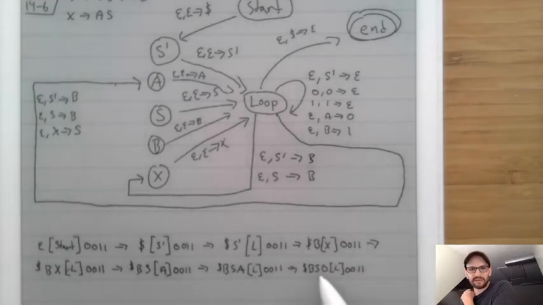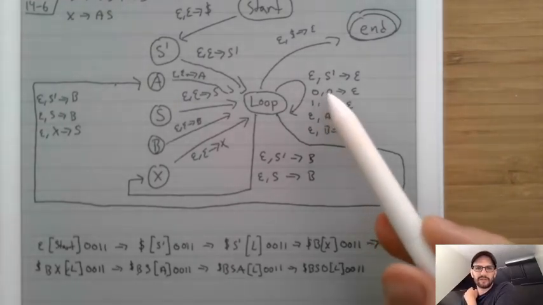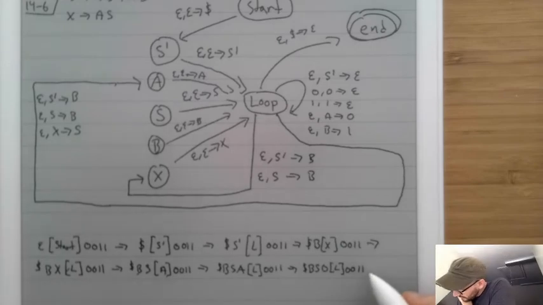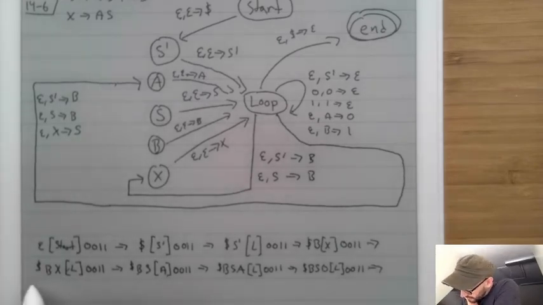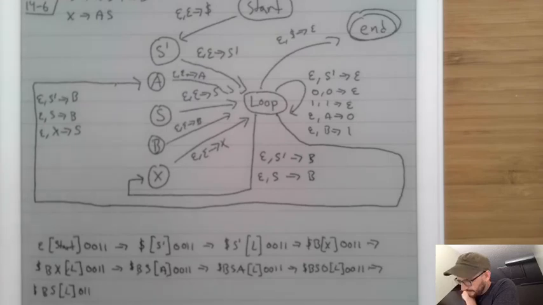Well, now there's a 0 in the input and a 0 in the stack, and so that means that this is the only rule that applies. So in that case, we're going to go to $BS L 0, 1, 1.